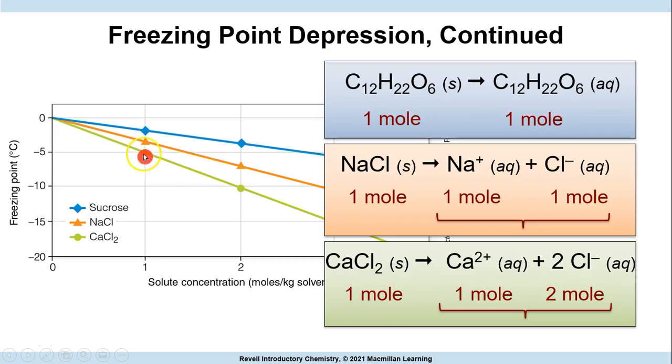So that is why you see the freezing point will be lowered most by the one that contains the highest number of particles. So in winter, we see the salt trucks, they throw the salt on the ice.